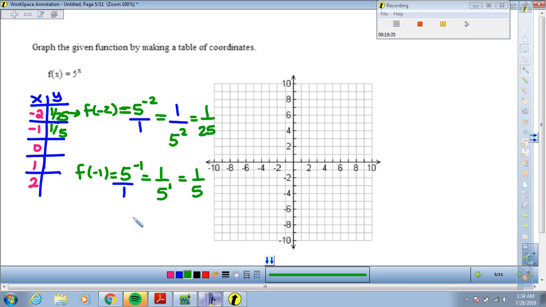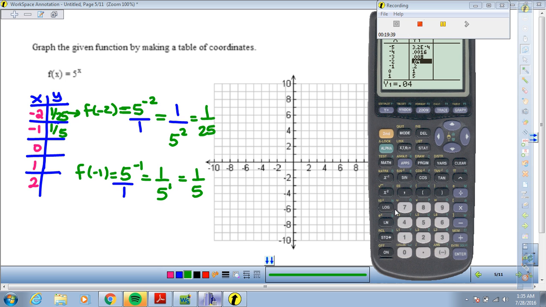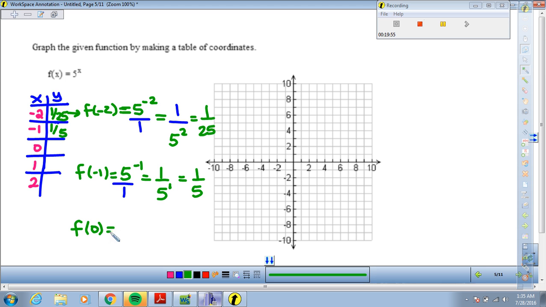What would be 1 over 5 in the calculator? 1 divided by 5, 0.2. You go to the table, look at -1, and the y coordinate is 0.2.